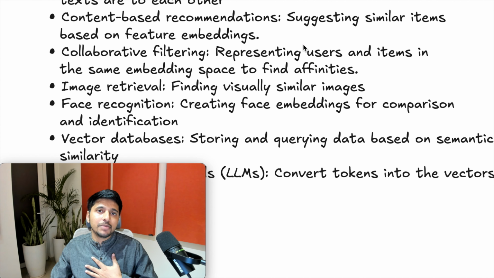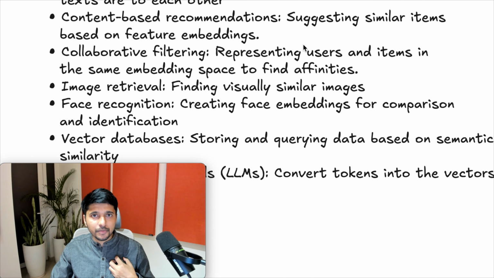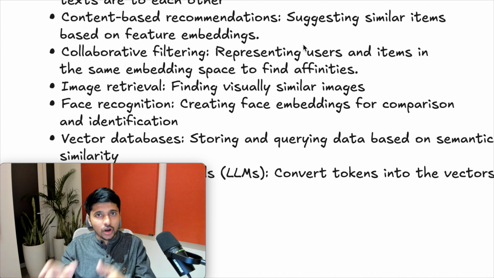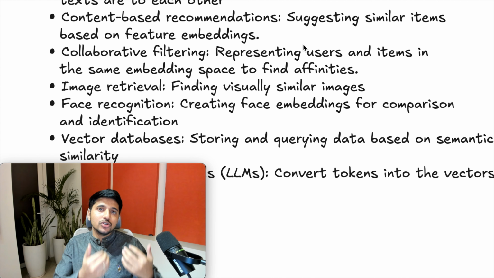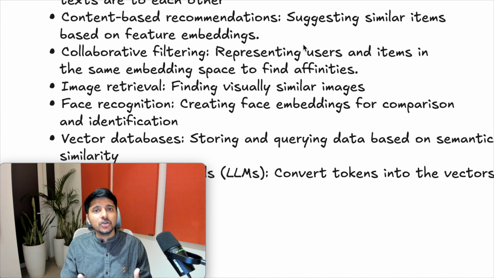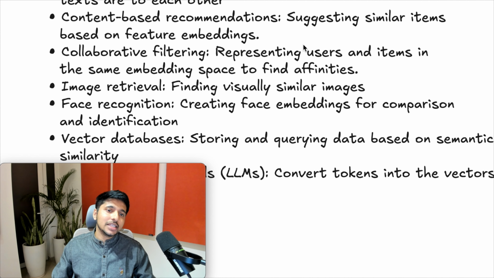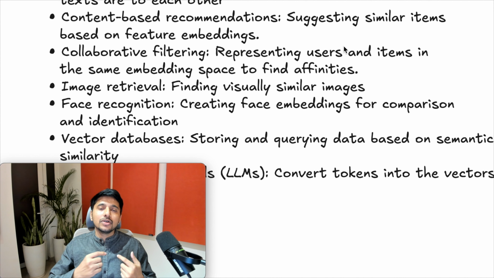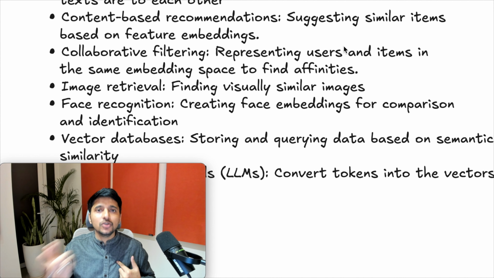Suppose, for example, I watch videos related to football, and you watch videos related to football, but in addition to football, I like cricket as well, so I watch videos related to cricket. What collaborative filtering will do, because it has the videos plus the users as well, is know that we both are similar users, right?